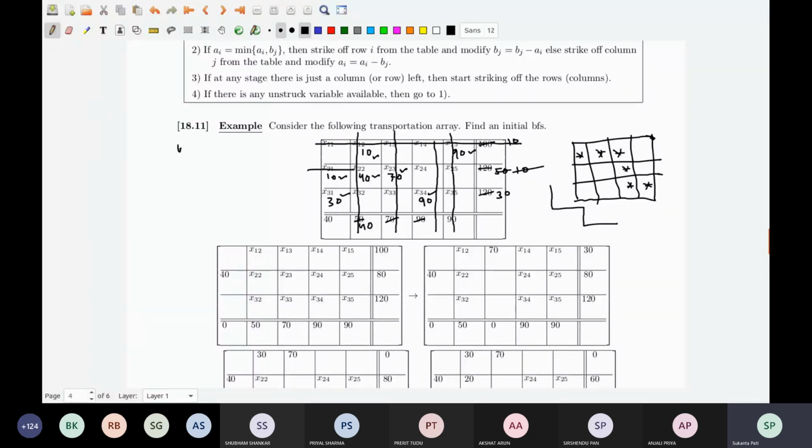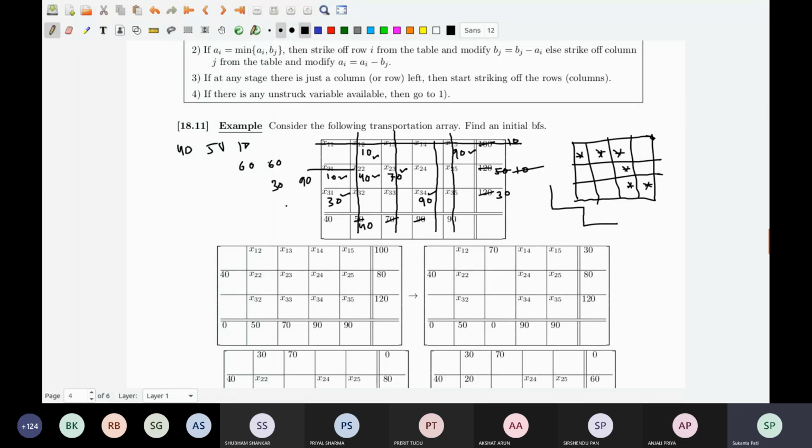The next one, 50, was available, so 40, 50, 10. The next one is 60. That goes, so I can go right. Another 60, then 30, and then 90. I would have gone like this, the northwest.